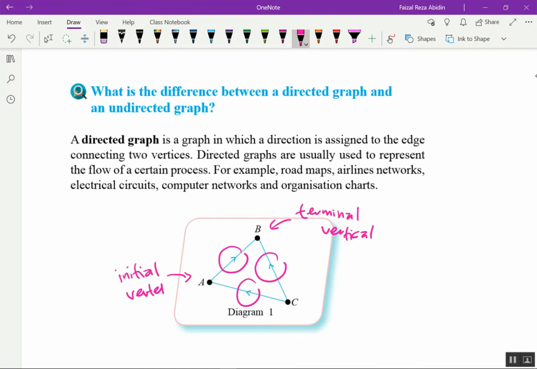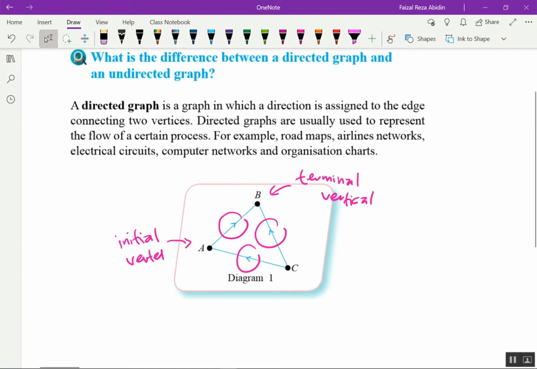For the edge BC over here, if this were an undirected graph, we would name the edge BC. But for this directed graph, we name it CB because our arrow, the direction over here, is from C to B. So this one is our initial vertex.